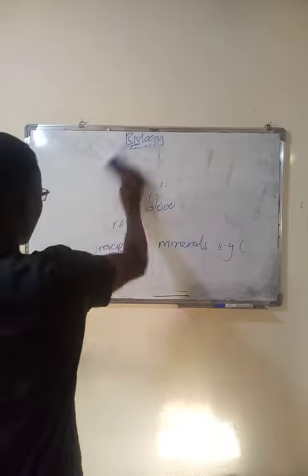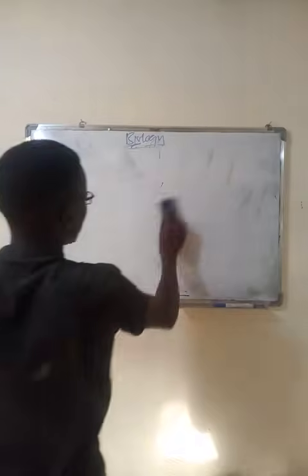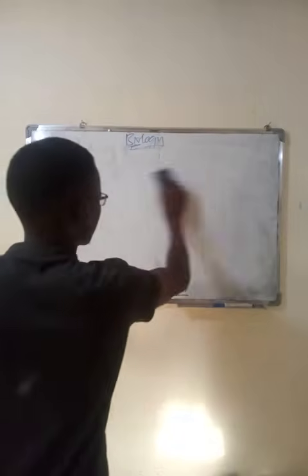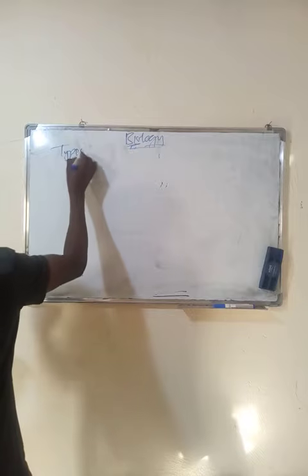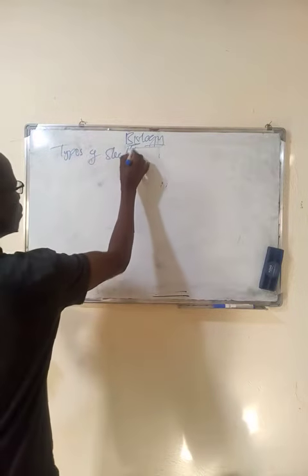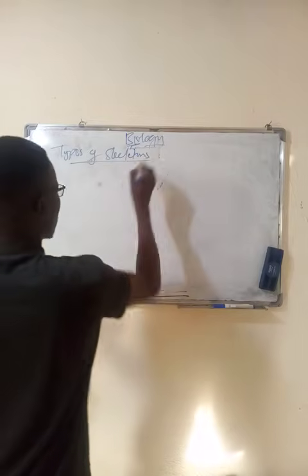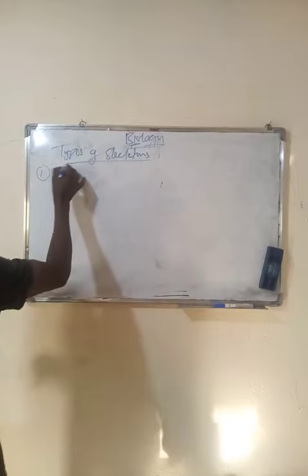Now, basically, we have three types of skeletons, depending on the organism. So, types of skeletons. Number one, we have what is called the endoskeleton.